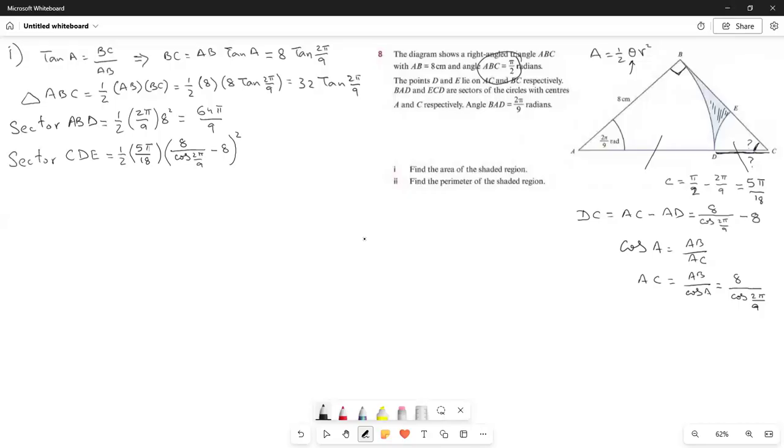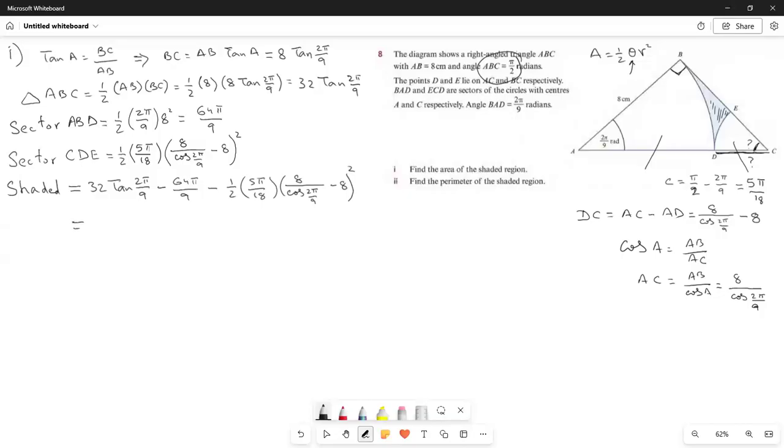Now the area of this shaded region is going to be the area of the triangle, which is 32 times tangent 2 pi by 9, minus 64 pi by 9, and minus, now here I have to do this calculation, 1 by 2 times 5 pi by 18 into 8 over cosine of 2 pi by 9 minus 8 and its square.